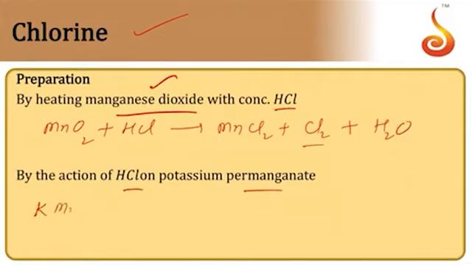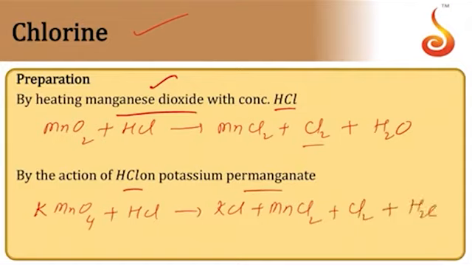KMnO4 plus HCl also gives chlorine gas, along with KCl, MnCl2, and H2O. So the action of HCl on manganese dioxide and on potassium permanganate both give us chlorine gas.